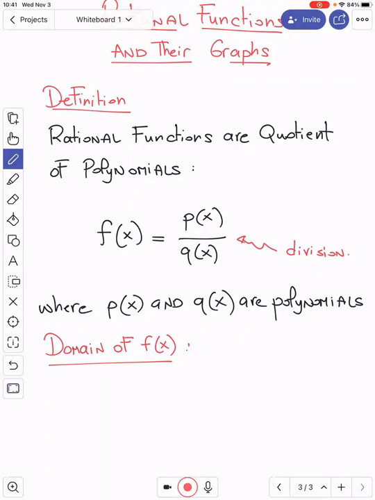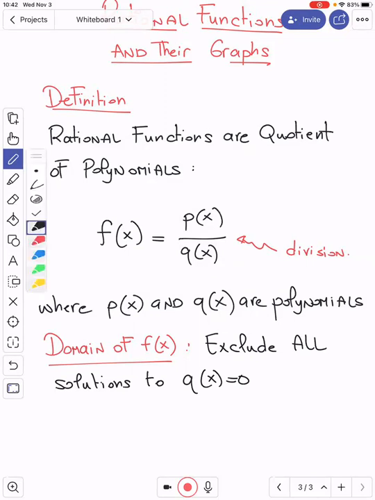We need to exclude all the values of x where q of x is 0, because q of x is in the denominator, and we are not allowed to divide by 0.